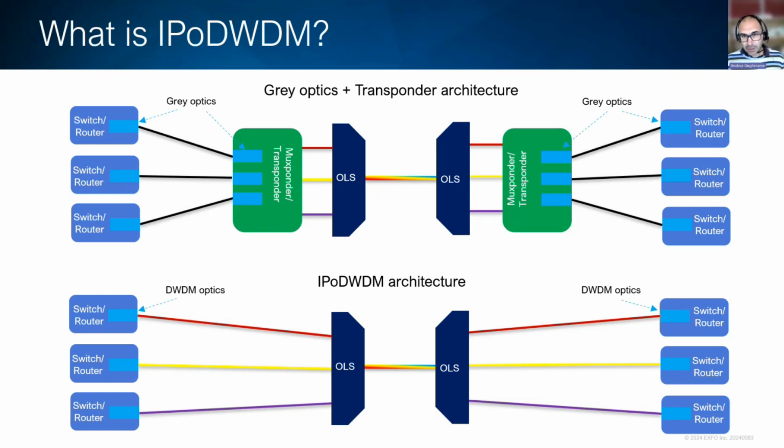Eliminating the transport line card and reducing the number of transceivers, specifically the gray optics transceivers, contribute to the CAPEX saving, while the OPEX saving is achieved as a consequence of the reduction of the number of network elements, which means less electricity use and even less real estate.